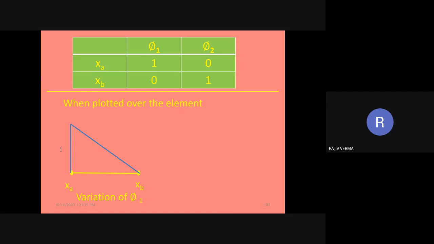The value of phi1 is 1 at the first node, that is xa, and it is 0 at the second node. Since phi1 is a linear expression, obviously these 2 points are going to be joined by a straight line.